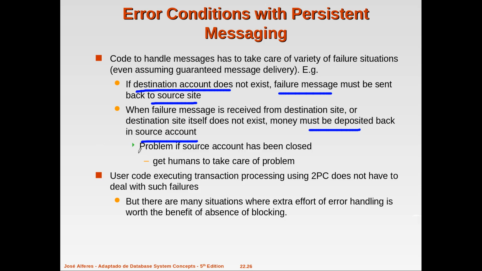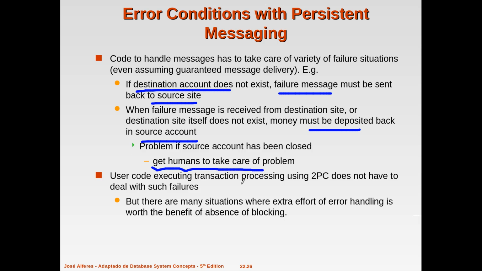Now the problem: if the source account has been closed before the money gets back to it, the system cannot continue. We need human interaction to take care of that problem, to decide how the money can be given back to the person who was trying to send money to another account.